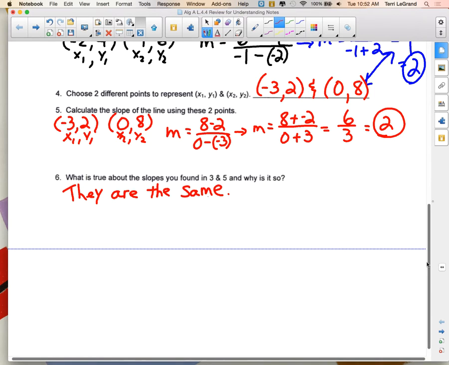Okay, so it comes from a line that has a positive slope that should have behavior of rising from left to right. So I agree with that. But can we take that a little bit further?